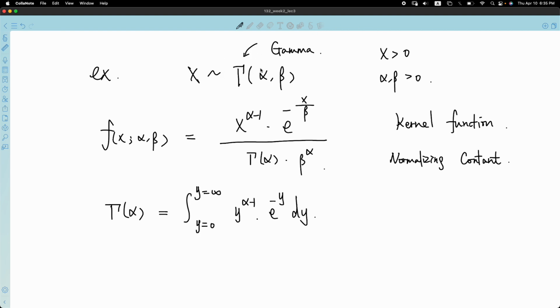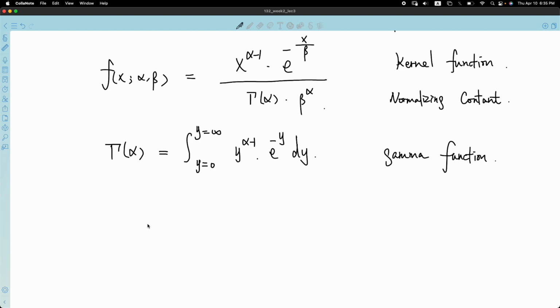It takes two parameters to define your gamma distribution. The thing in the denominator in this PDF is the gamma function. Okay, so let me use a lowercase gamma. The gamma function is that when you plug in the alpha, the input here, it will give you some output. Okay. And then there are two particular properties for this gamma function.